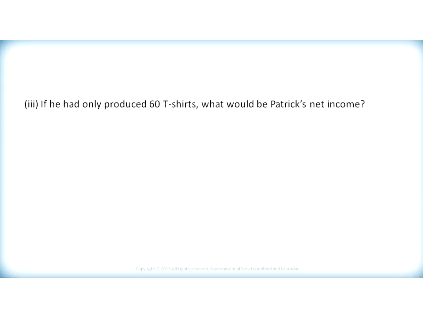So remember that the amount that he spent on each t-shirt to make them is $10.50. So if he only produced 60 t-shirts, then the amount that he would have spent would have been 60 times $10.50, which works out to, type that into my calculator, $630.